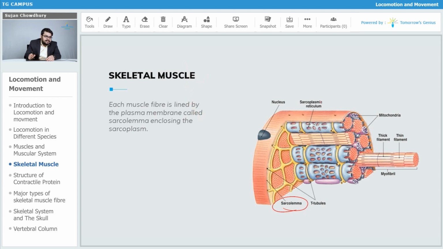Structures present include the sarcoplasmic reticulum, nucleus, mitochondria, myofibrils, and so on. Sarcolemma is the membranous covering of the sarcoplasm, that is the cytoplasm of the muscle fiber.